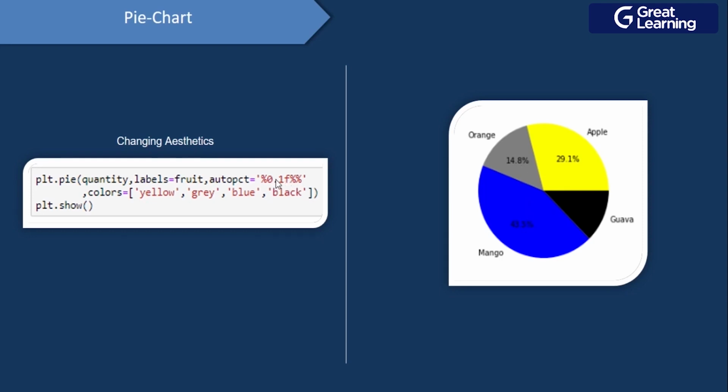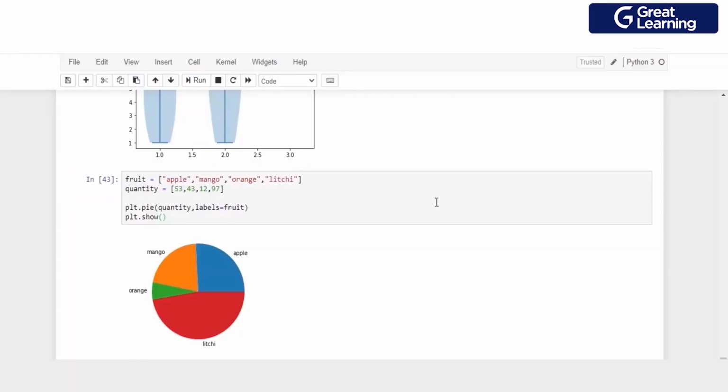If I keep it as 0.2, then I'll have decimal values to two places. And after this, I'm just adding this new attribute called colors. And the coloring starts from the first label, which is apple over here. Orange, then I've got blue, which is for mango. Then I've got black, which is for guava.